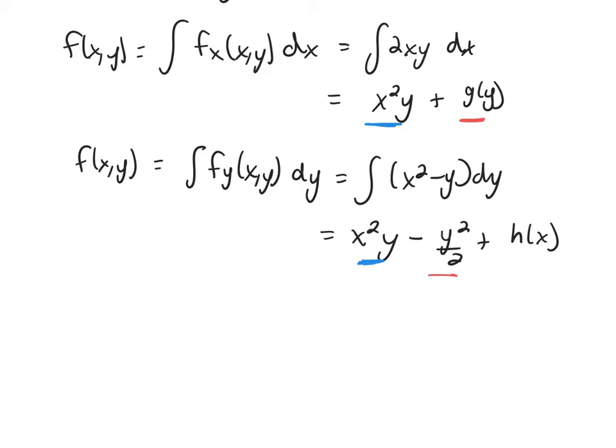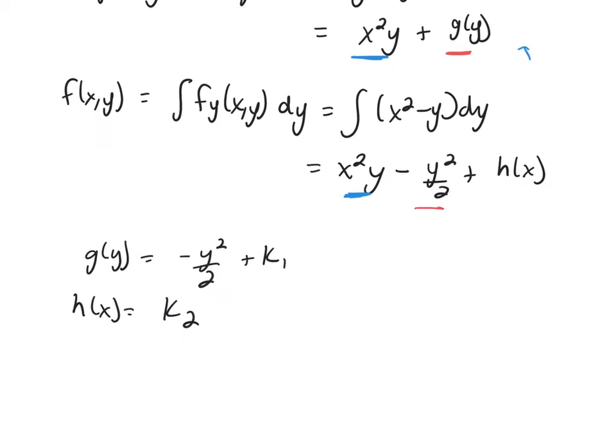So g of y has to equal minus y squared over 2 plus maybe a constant k1. And then h of x will just be some constant k2, because there's no other x terms up here.